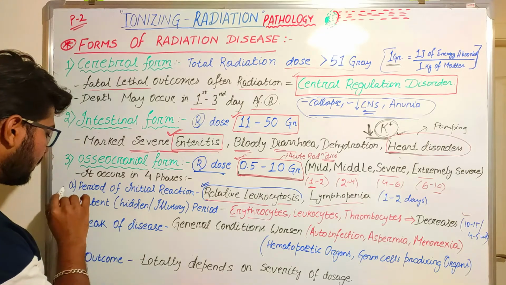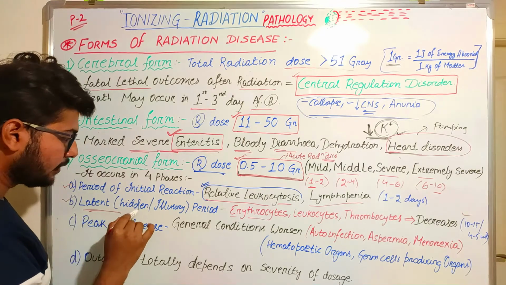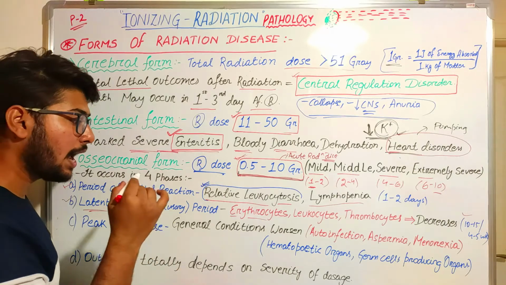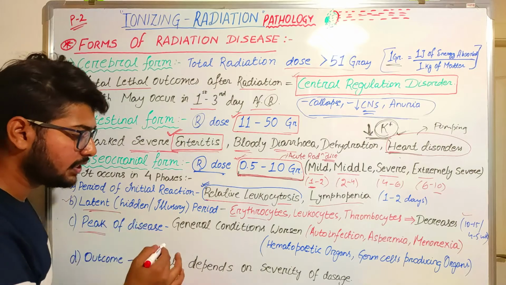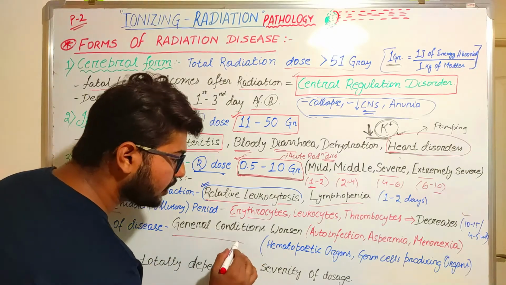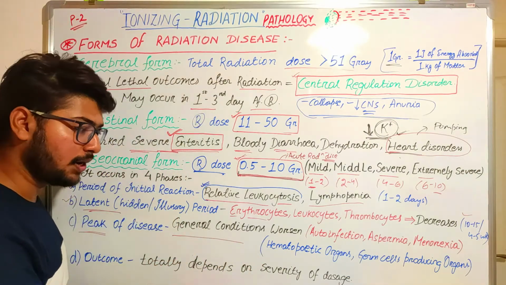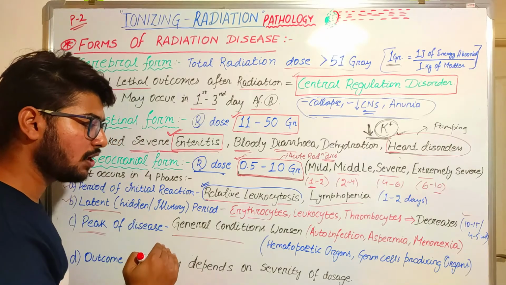If this is the illusory state, then of course there will be an outcome, or before the outcome there will be a peak of the disease, in which the general condition will get mostly affected. Why is the general condition mostly affected?